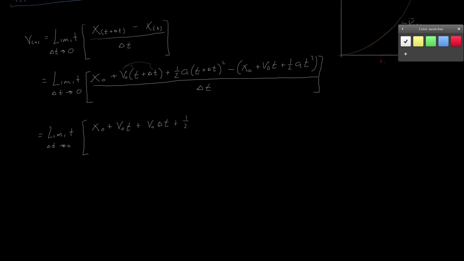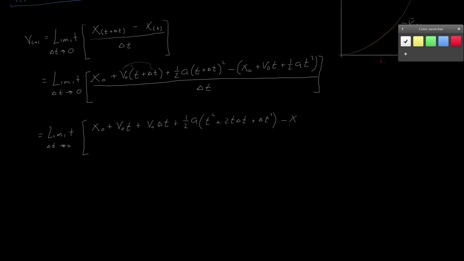plus 1/2 a. And now I've got this binomial I have to work out here. So this is going to be foiling the binomial, t squared plus 2t delta t plus delta t squared. Now I'm here at the negative sign, so there's the negative sign. Then that negative distributes through this trinomial.